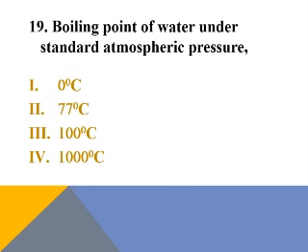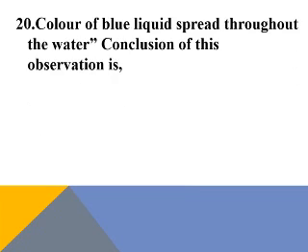Then last one. Color of blue liquid is spread throughout the water. Conclusion of this observation is each type of matter consists with both particles and space among the particles.